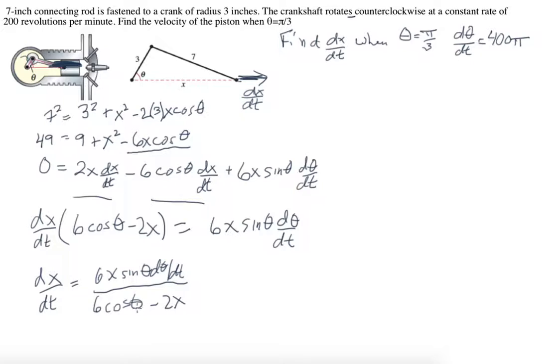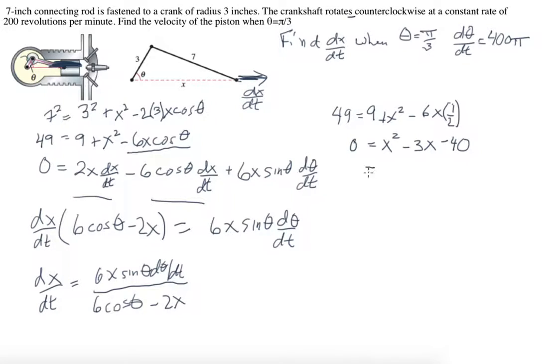And so we have theta, we have dθ/dt, we don't have x. And so we're going to use the law of cosines to figure out, well, when theta equals pi over 3, what does x equal? And so we'll have 49 equals 9 plus x squared minus 6x, and then cosine of pi over 3 is 1/2. And so this is going to give us 0 equals x squared minus 3x minus 40.